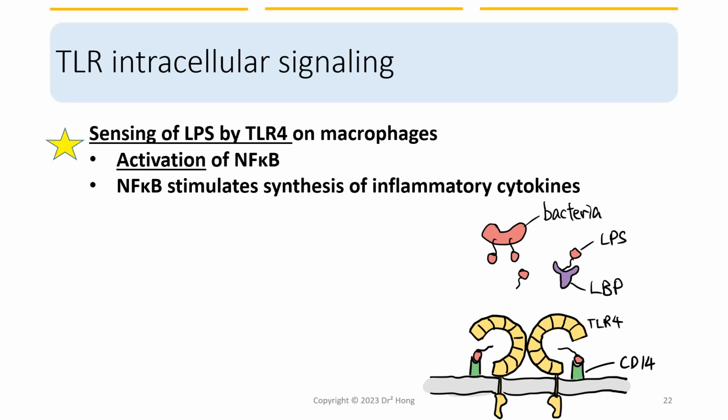But the LPS is sensed by toll-like receptor 4, and this sensing will activate an array of cellular mechanisms, leading to activation of NF-κB. NF-κB will stimulate the synthesis of different inflammatory cytokines, which will get exocytosed and lead to an array of immune responses.